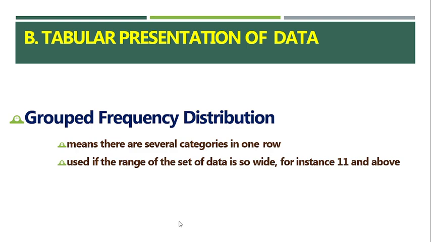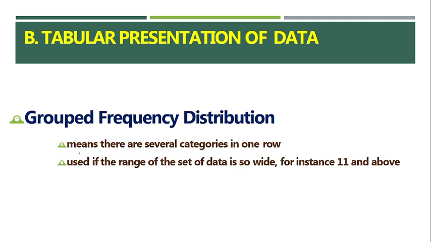When dealing with a group frequency distribution table, you can deal with this as well. The only thing that you will be able to use to identify if it's group or ungroup is that there are classifications or categories or class intervals, not just in a column, but also in a row.